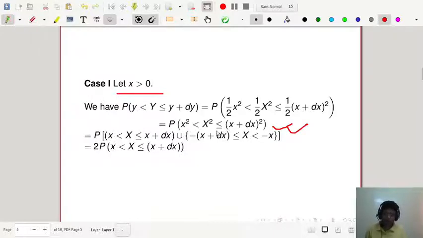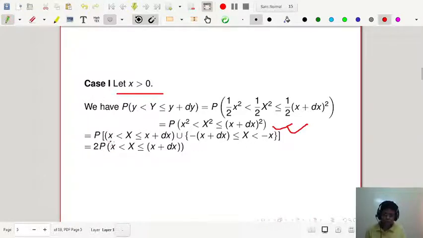Now this square inequality can be written as small x less than capital X less than or equal to x plus dx, union minus of x plus dx less than or equal to capital X less than minus x. The square quantity can be written like this.